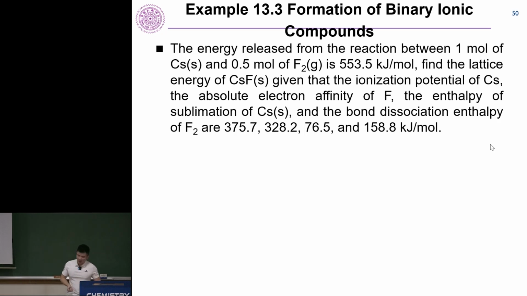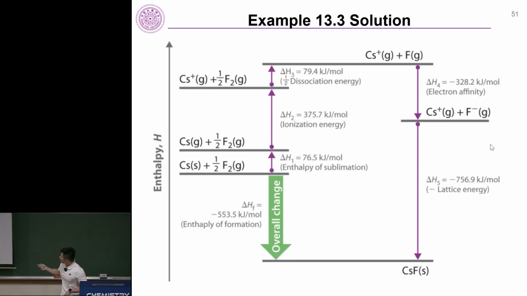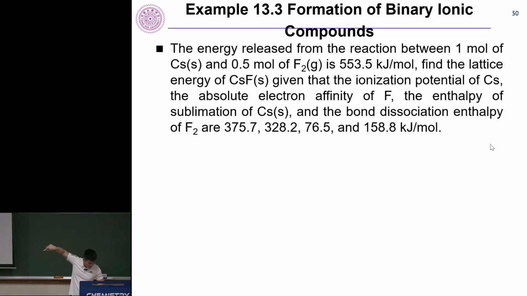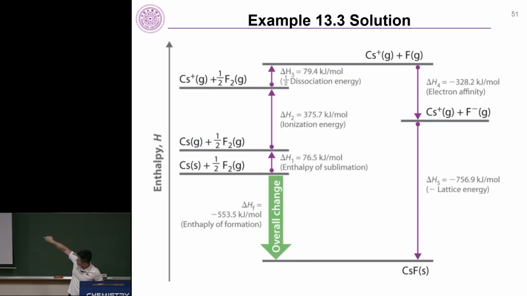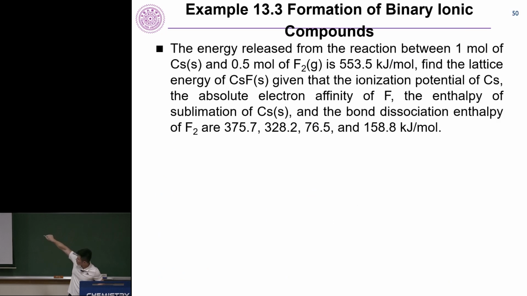Okay, so let's check out the numbers. The first number we have is the enthalpy of sublimation, which is the positive 76.5. The second one is the ionization energy of cesium, so it should be positive, which will be this number, plus 375.6.